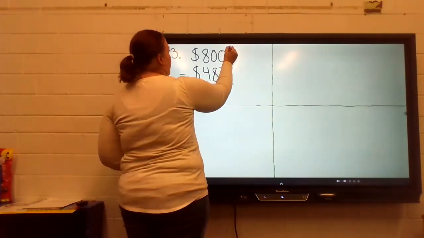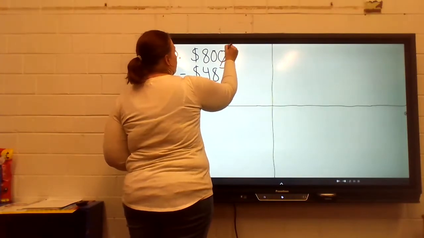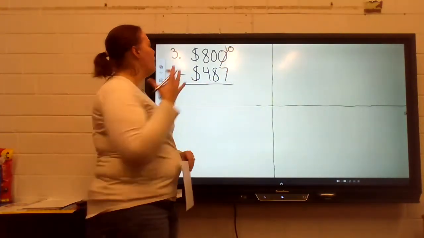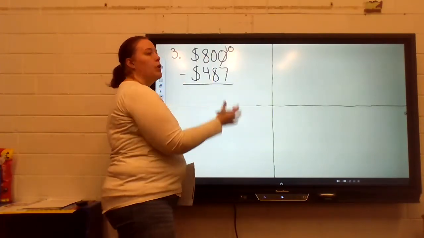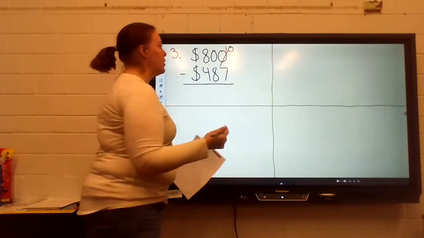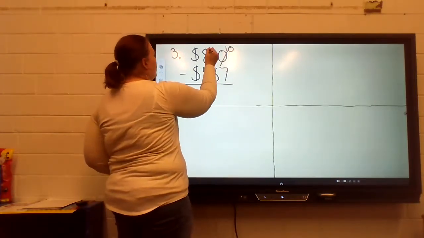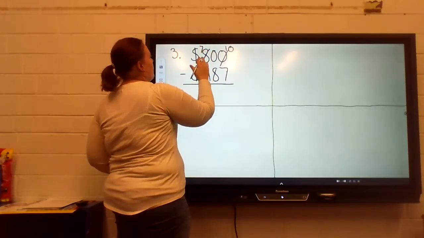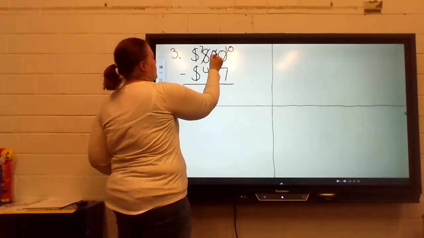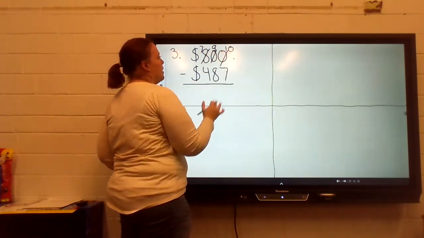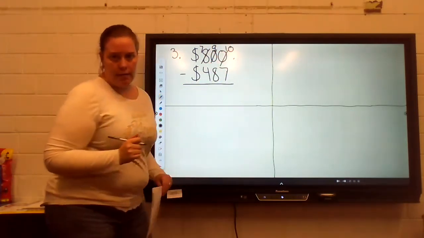So we need to make this first 0 a 10. In order to make it a 10, we have to borrow from this 0. But we can't borrow from that 0 because it's a 0. So we need to come all the way across and make our 8 a 7, which borrows from that 0, which makes it a 9, and then we're able to borrow again to make that 0 a 10.